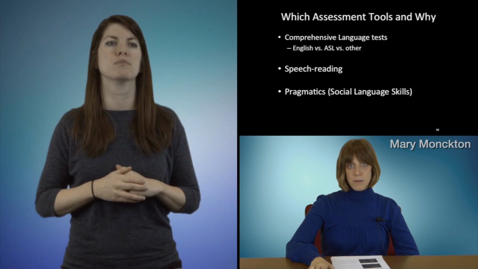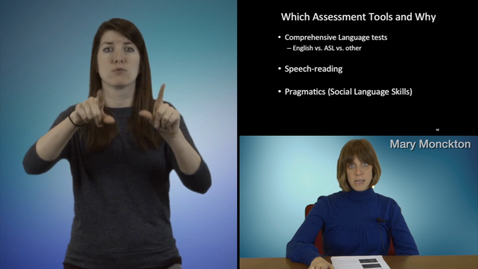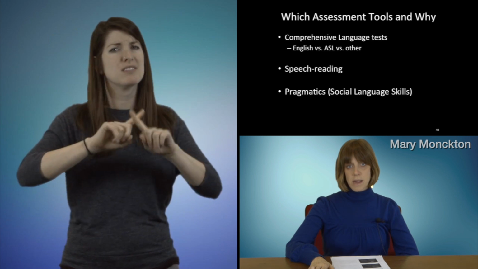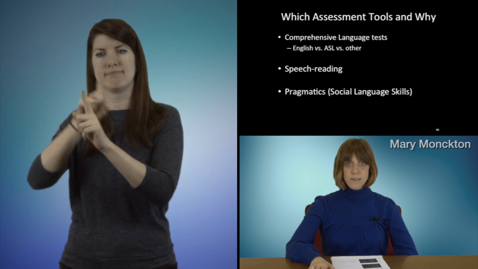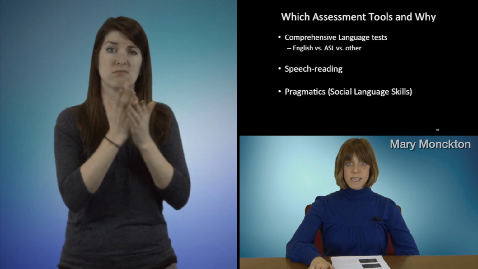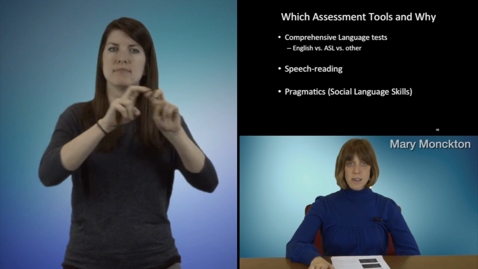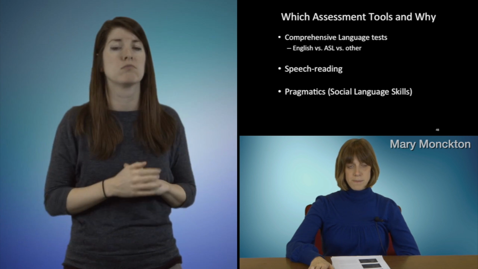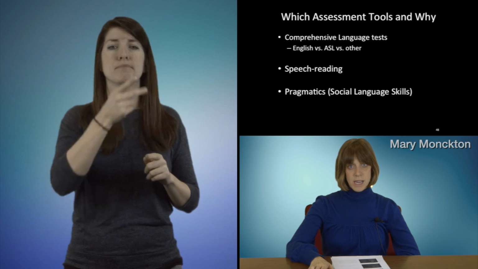There are comprehensive language tests that a speech pathologist would give in a comprehensive evaluation that are different from single word vocabulary tests. A comprehensive language test assesses more specifically how much a child is using their language and how much they understand of language. An example of this might be the Preschool Language Scale.